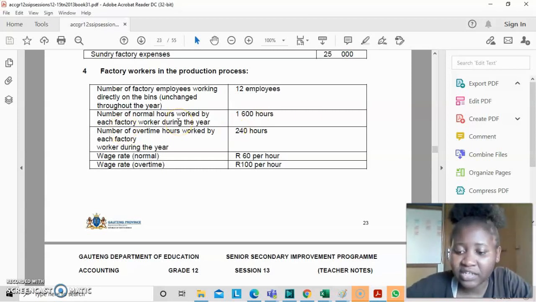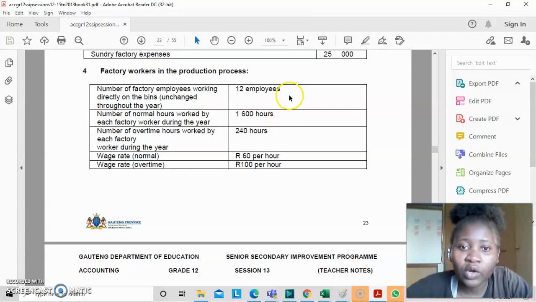So basically we say 12 employees multiplied by 1,600 hours, the number of normal hours worked by each. So the total hours that all of them have worked is 19,200 normal hours.